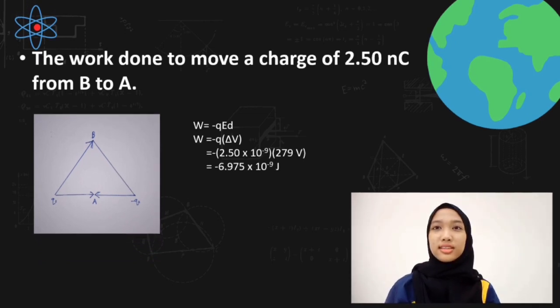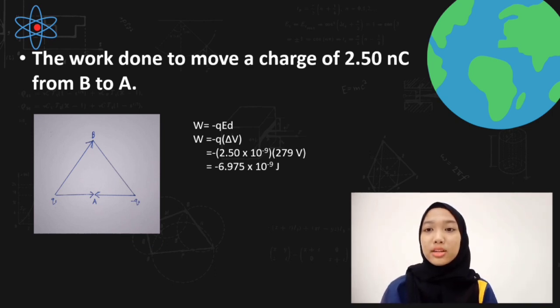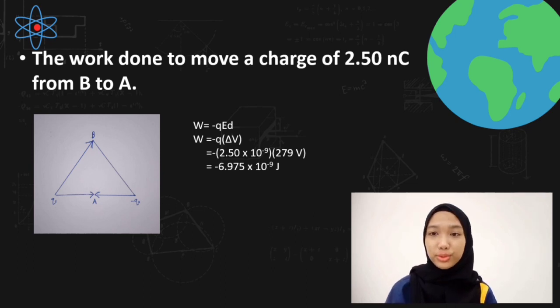Next, the question is, what is the work done to move a charge of 2.5 nanocoulomb from point B to A? From this question, we can use the formula W equals negative Q delta V, where delta V is the potential difference.